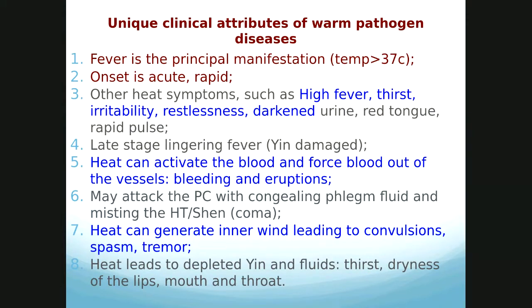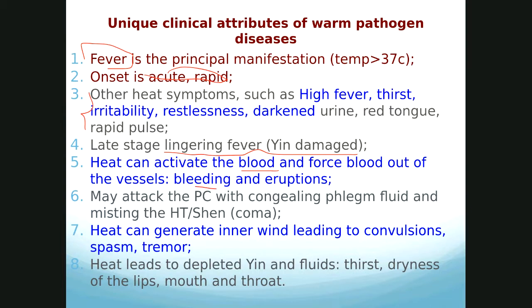Clinical attributes of warm pathogen illness. So usually you have fever, quick onset, and quick transmission. In the later stage you have lingering fever correlated with immune damage due to hot nature pathogens. And heat is yang in nature, which can cause bleeding because of invigorated blood circulation, causing very bad measles-like skin eruptions or bleeding-like conditions.